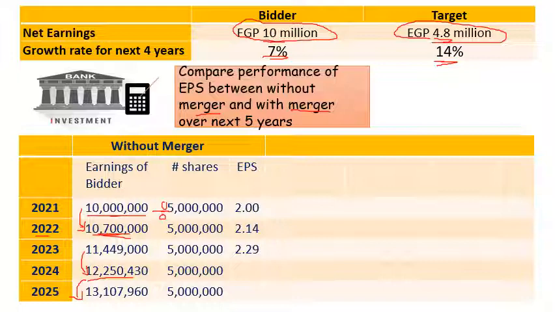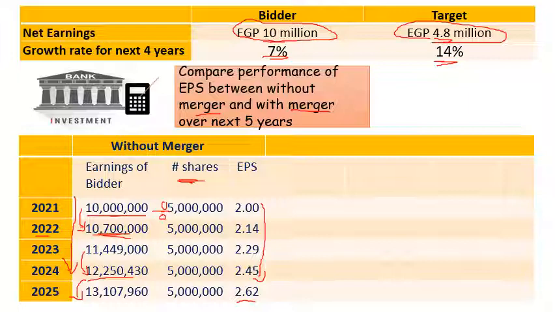At the end of year 2023, it's expected to grow to 2.29, and so on till year 2025, when earnings per share is expected to be 2.62 Egyptian pounds per share. So we expect earnings per share to increase because the earnings of this company will increase at 7% and the number of shares is constant.